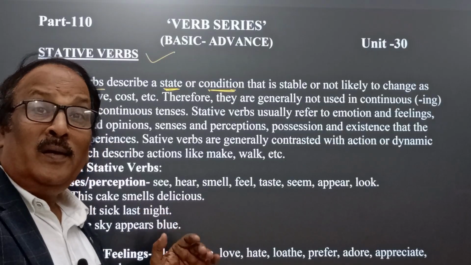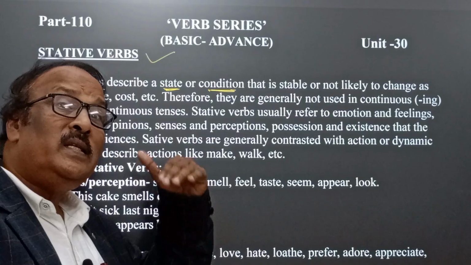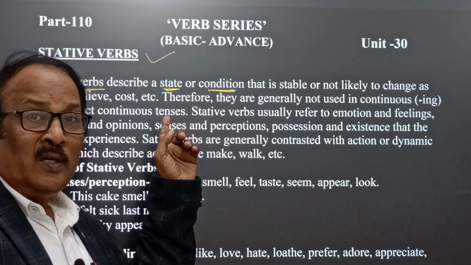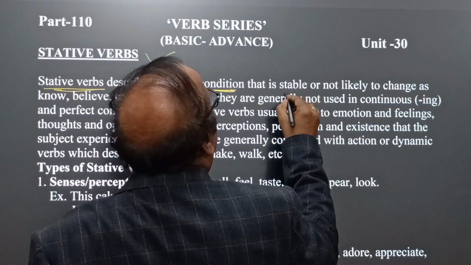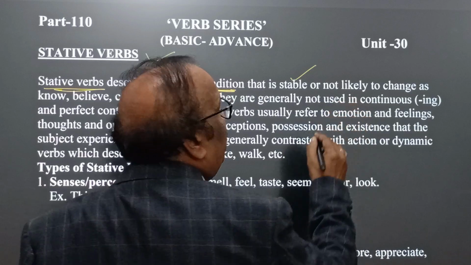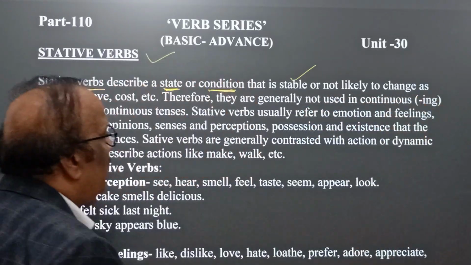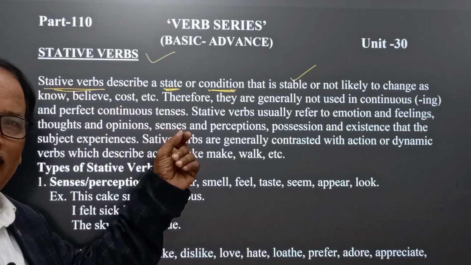State means condition, okay, and the verb which indicates a state or condition is called stative verb. The state or condition that is stable. Stable means fixed, not likely to change, as know, believe, cost, etc.